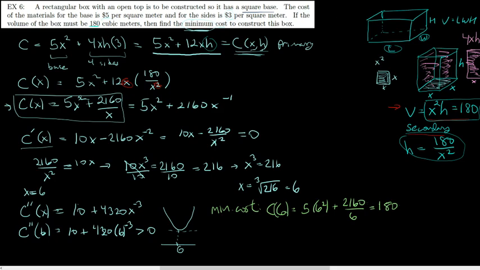So hang on here. Plus 360, which gives us a grand total of 540. Right. Now 540 what? These are dollars. So we're going to spend $540 to build this box.